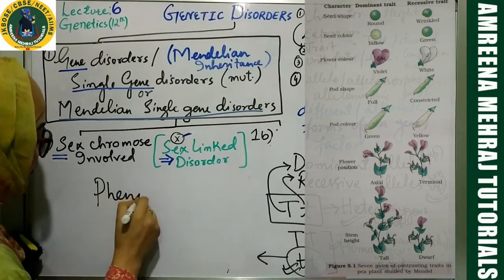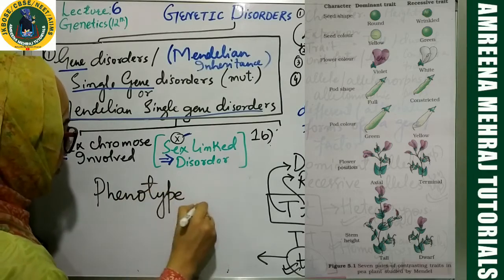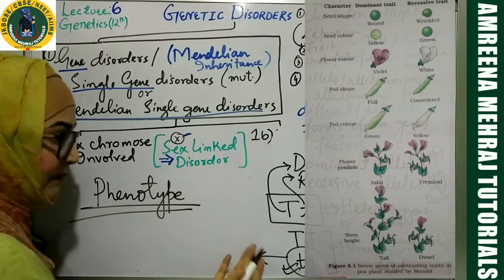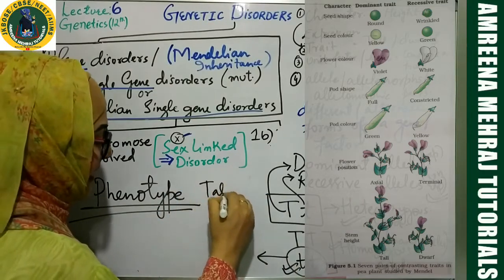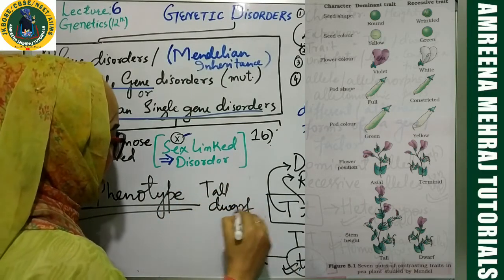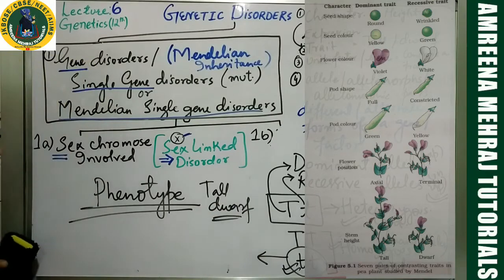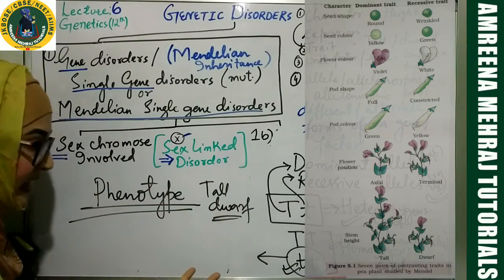That is called the phenotype of the individual, whatever you are able to observe externally, like your tallness and dwarfness. They are the external visible features that represent the phenotype of the individual.